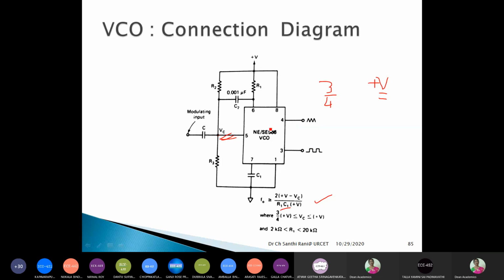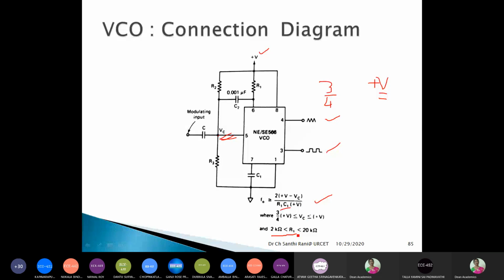They determine whether the VCO gives a square wave or triangular wave, but with what frequency depends on the components you select, the supply voltage you give, and the control voltage you have here. So f0 is given by 2 into (plus V minus VC), that means the difference of these two, divided by R1 C1 into the supply voltage.